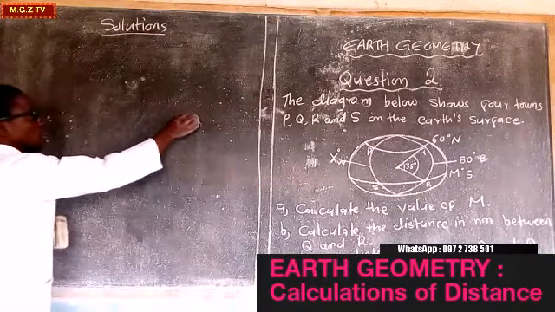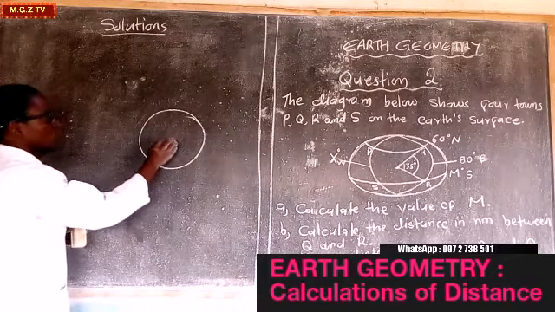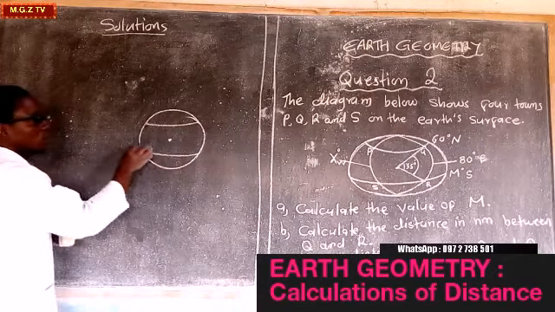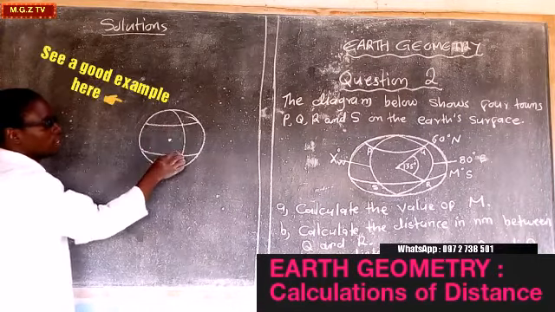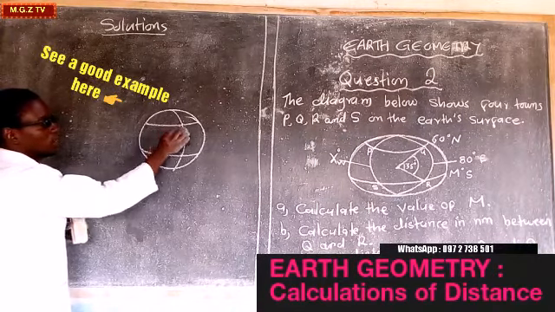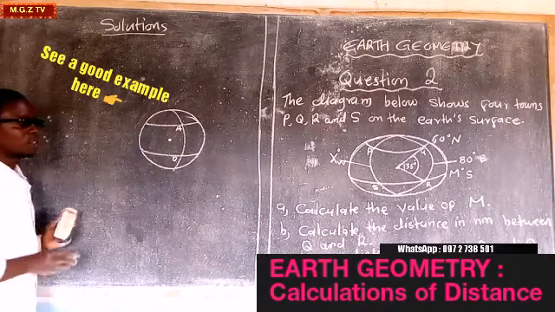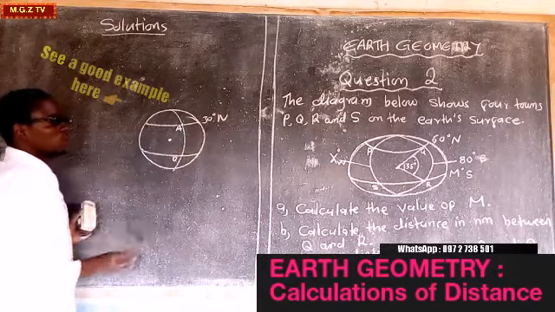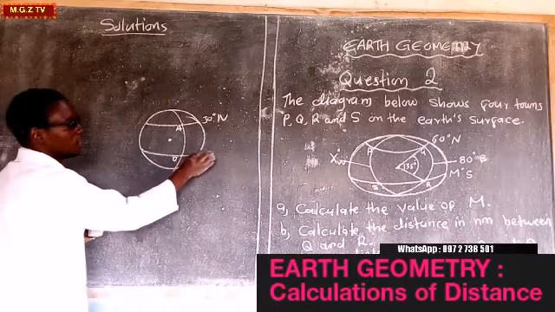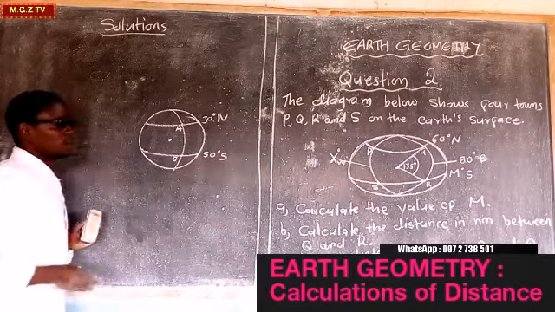So look at this diagram. We have our points here, the first and second. Let's say we have A and B. A is 30 degrees to the north, B 50 degrees to the south.